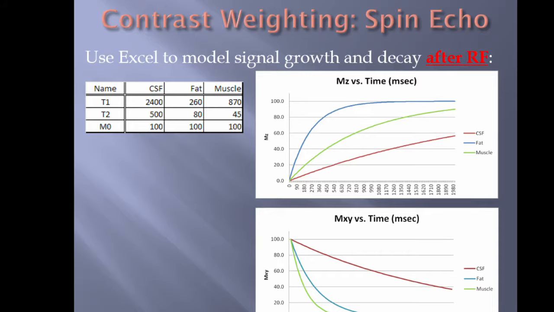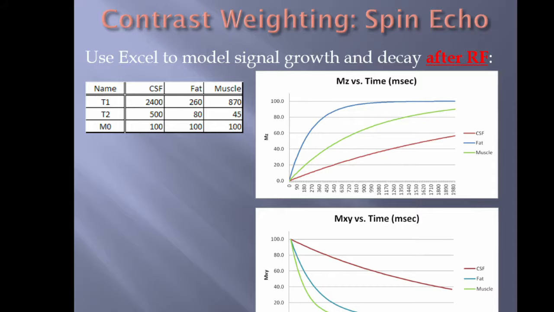All right, looking first above, this is MZ, which is longitudinal magnetization versus time. T0 represents the moment of an RF pulse. So you flush the toilet, the tank's empty, it's at 0, right? These three curves all look different because they're three different tissues with different T1 times that characterize these regrowth curves.